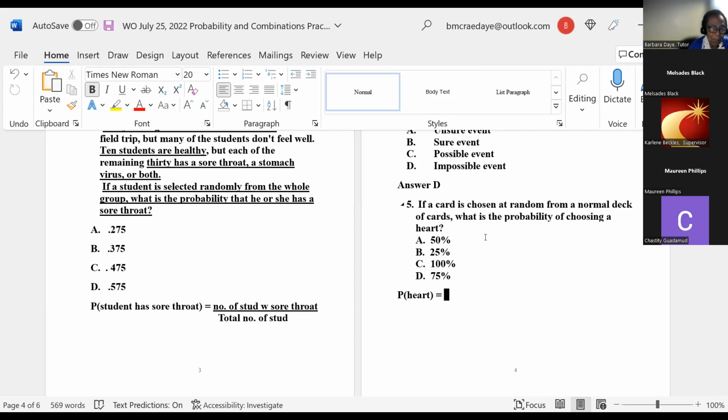I forgot; I bought myself a deck of cards a long time ago. What's the total, Mercedes? The total is 52.